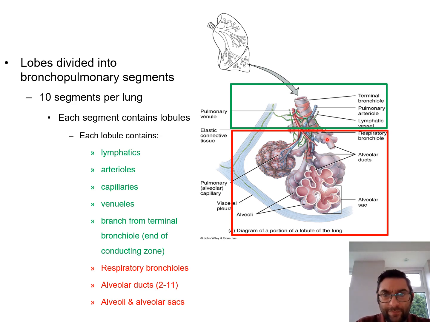Each respiratory bronchiole consists of around 2 to 11 alveolar ducts, which are these tube-like structures, tiny in comparison to the other structures, at the end of which we get the alveolar sacs, which are these, and this is where gas exchange starts to occur.